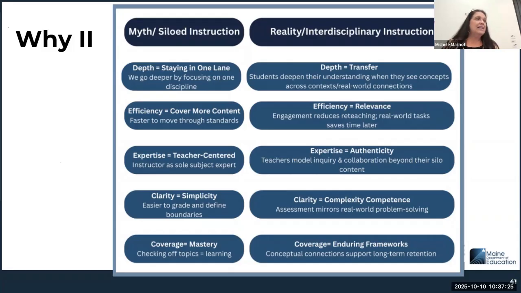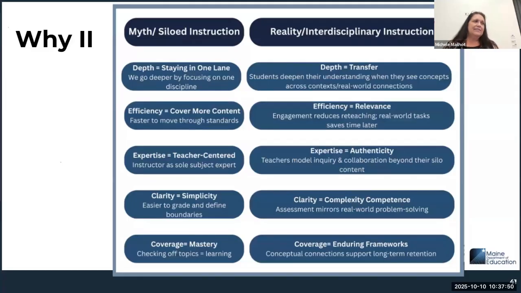And so when we think about siloed instruction, where we stay in our lane, we can go deeper focusing on just that one discipline or content area, so that we can cover more content, right? We all have that list that we have to get through by the end of the year, and that is always weighing on us.